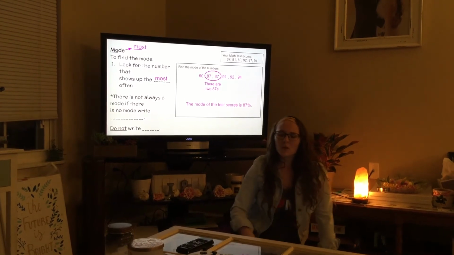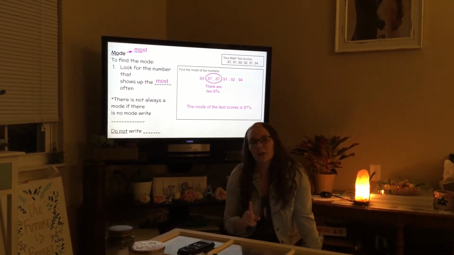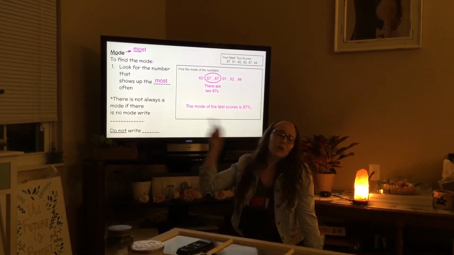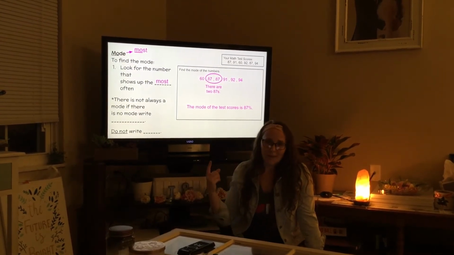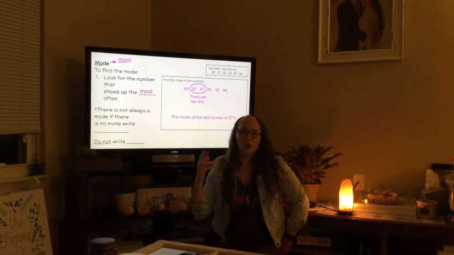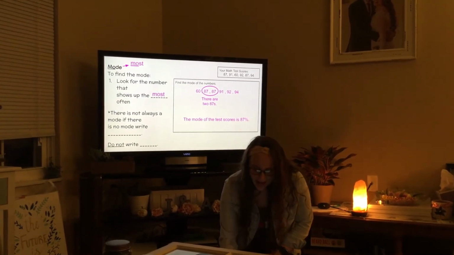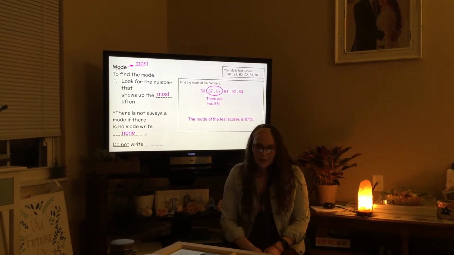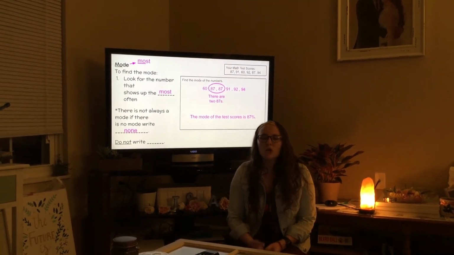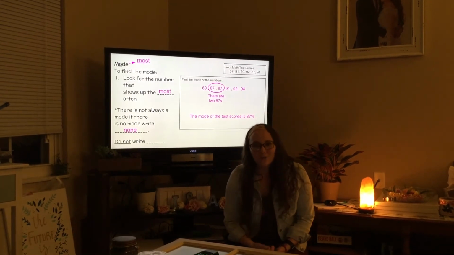Okay? The trickiest thing with mode is if you see that there are no numbers that occur more than 1 time. So if all of them only occurred 1 time, we would say that the mode would be none or no mode. Okay? You don't want to say 0, so be careful.